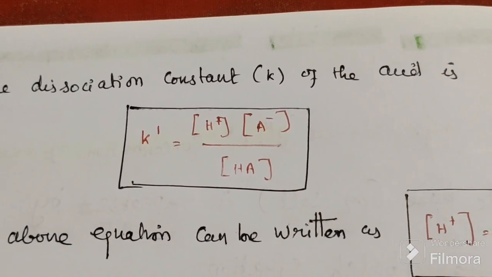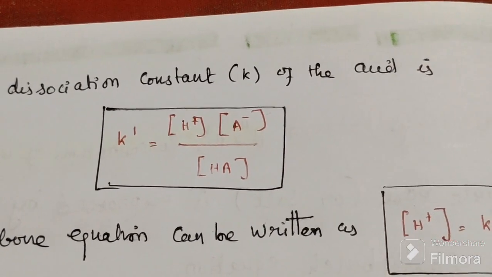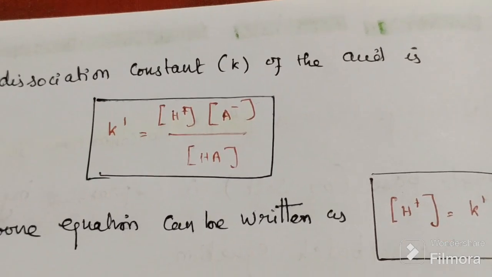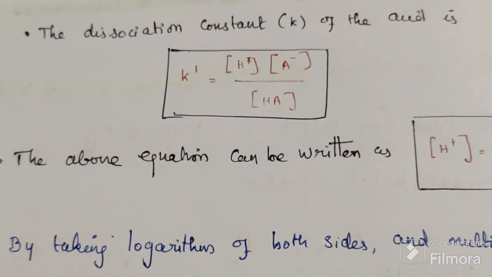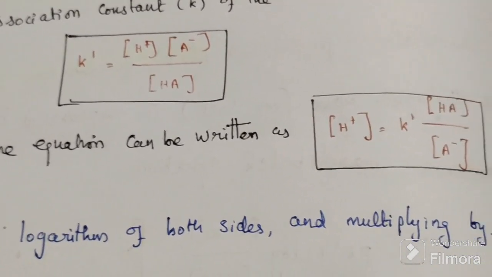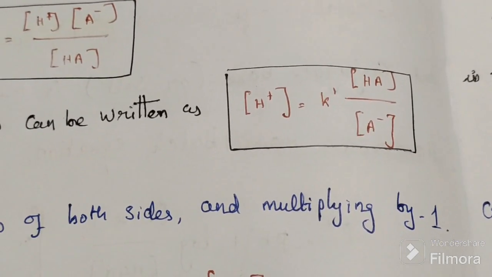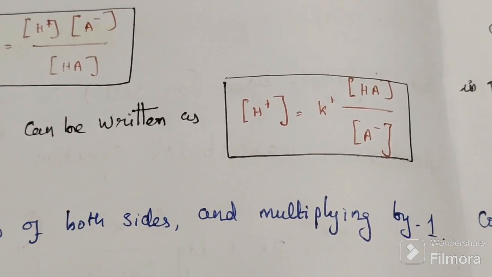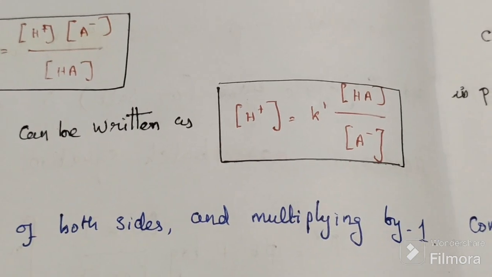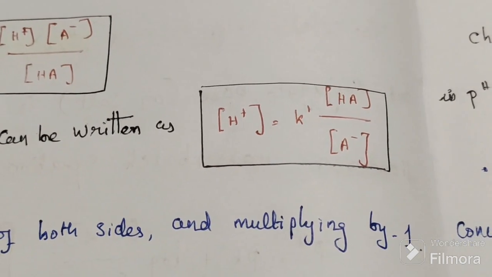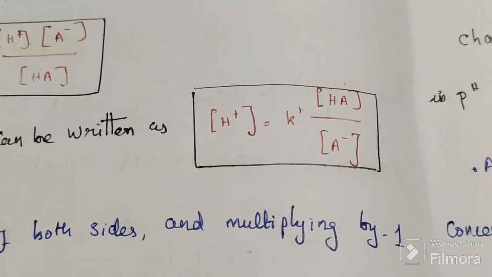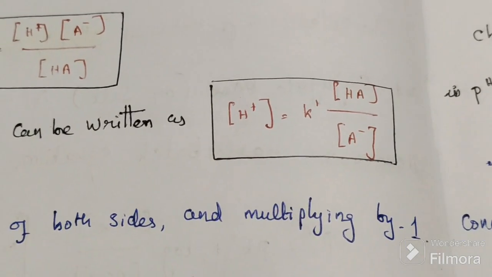The above equation can be written as the hydrogen ion concentration equal to the dissociation constant times HA, the weak acid, divided by the conjugate base.